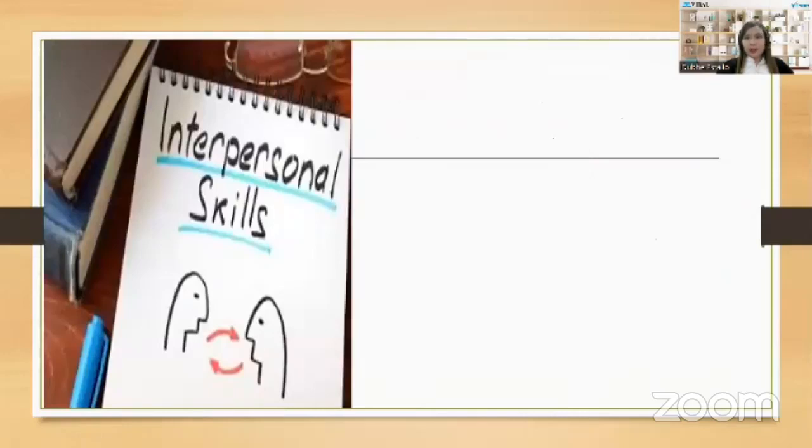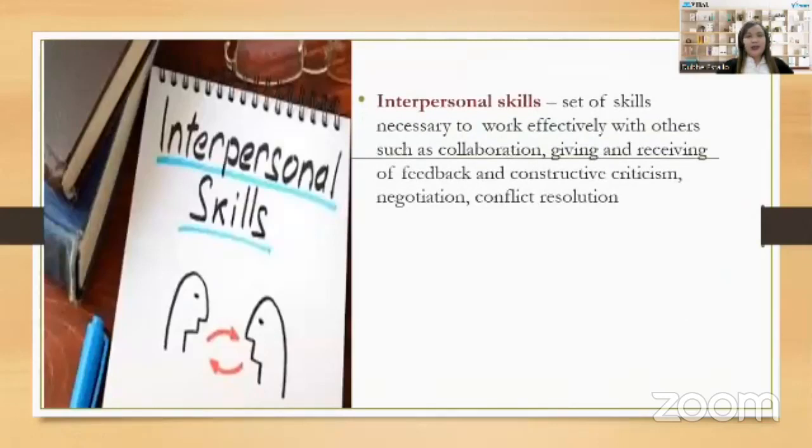We also have interpersonal skills. Obviously, these are a set of skills which are very necessary to work effectively with others. And some examples of such skills are collaboration, giving and receiving of feedback and constructive criticism, negotiation, and conflict resolution.